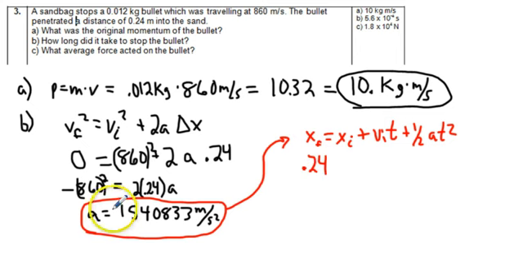Oh, by the way, let's not forget that this acceleration down here would be negative. The XI, we could say our starting point was 0, our initial velocity was 860, the time we don't know and are solving for. The acceleration we do know. Yeah, make sure you put it in as a negative.